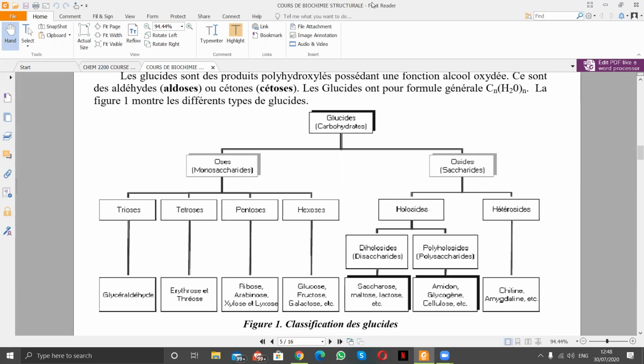Then there's another point you need to retain about oligosaccharides. Oligosaccharides with three or more monosaccharide units do not occur freely in nature.